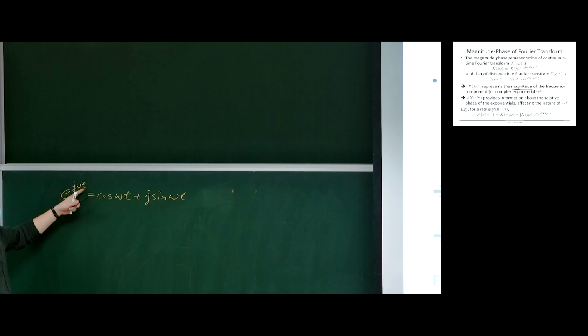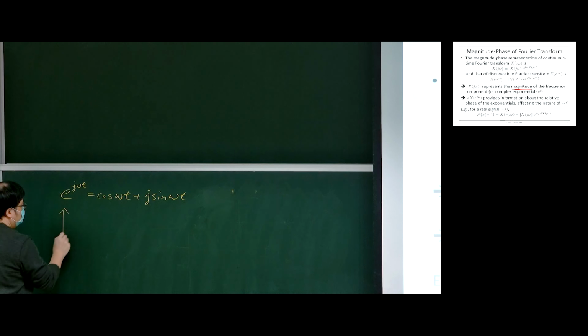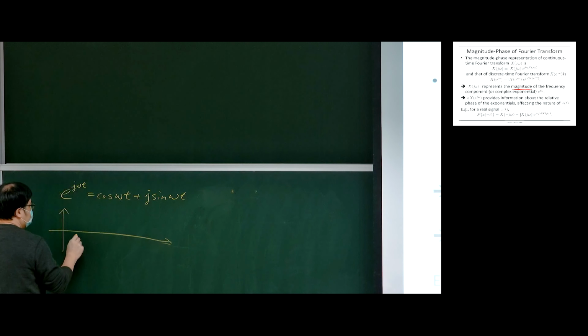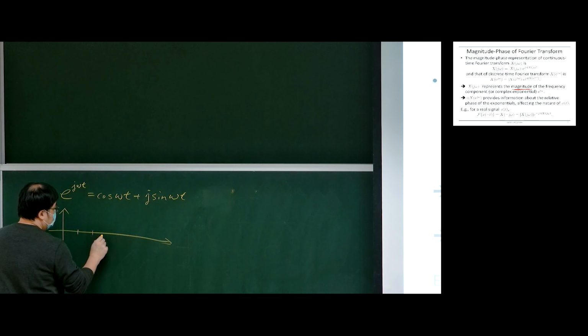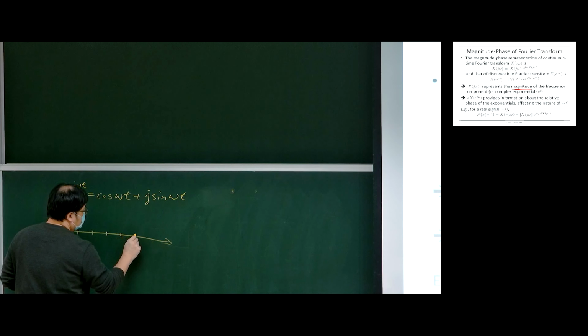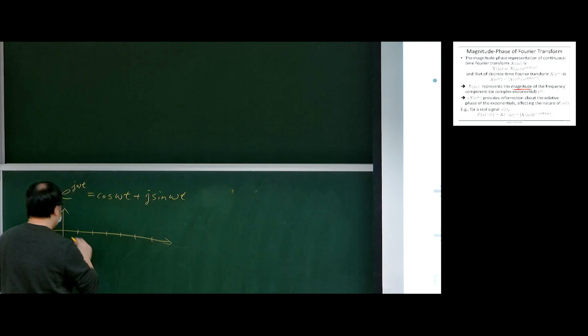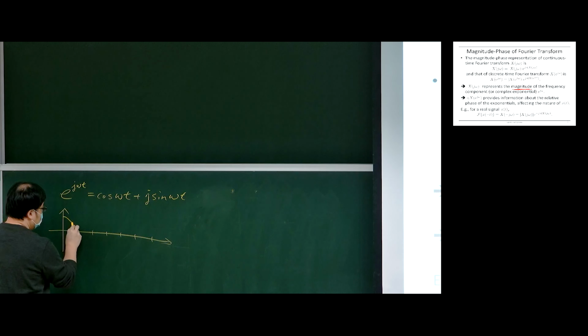So for this sinusoid, you have a phase that increases with respect to time t at a rate of omega. So if you plot this out, you may get something like this.